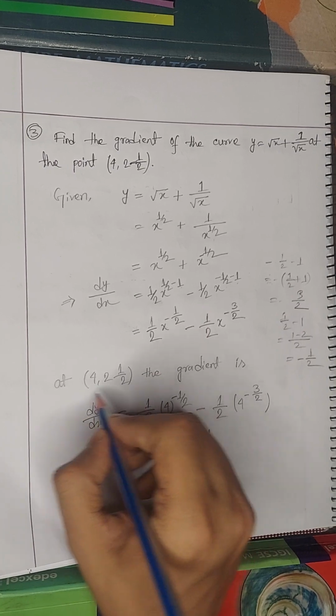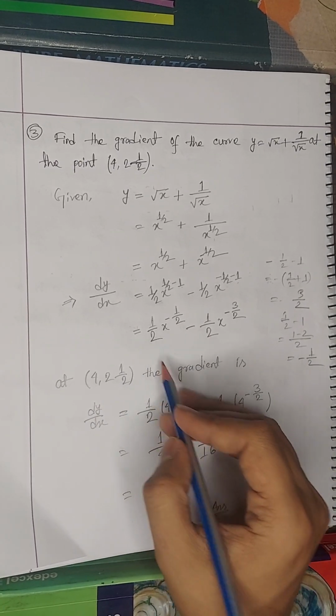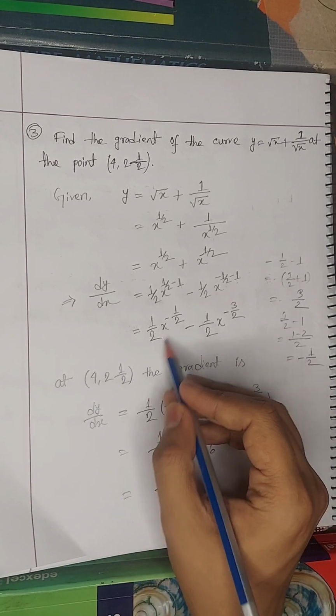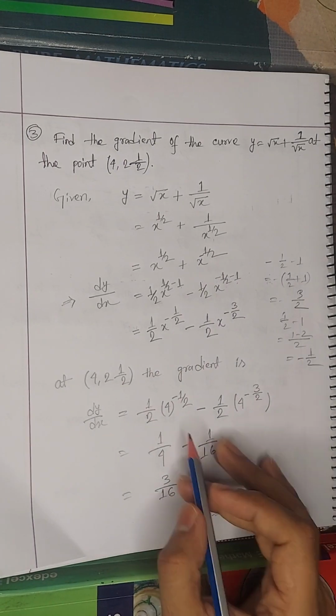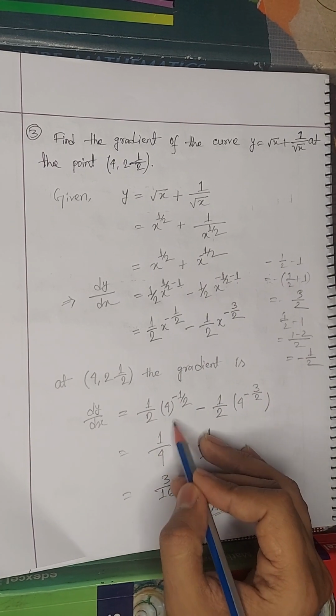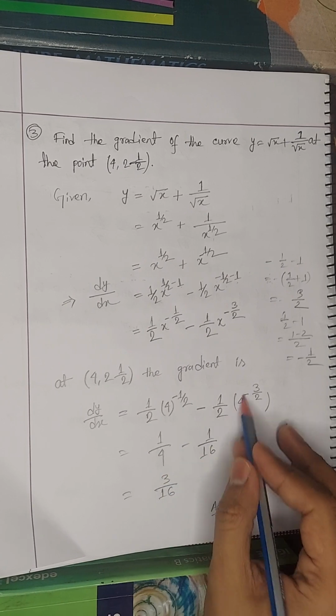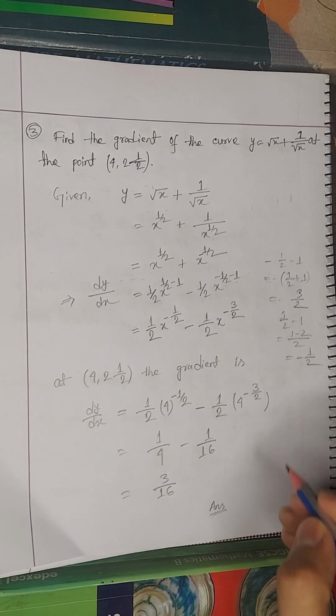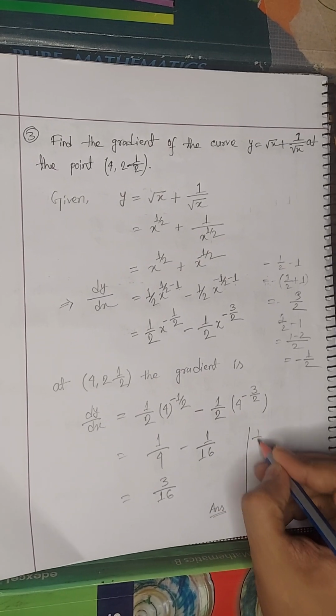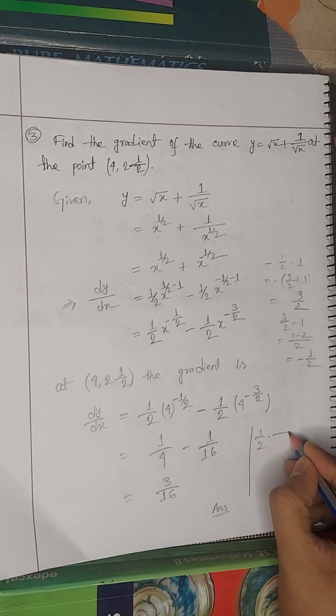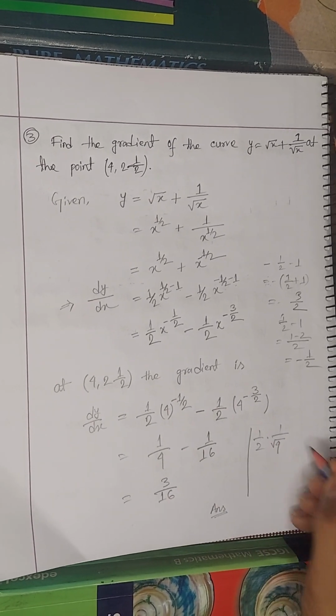So at this point the gradient will be, we have to put the value of x, which is 4, and if we apply the square root here, this will be 1 by 4, and here it will be 1 by 16. How is it here?